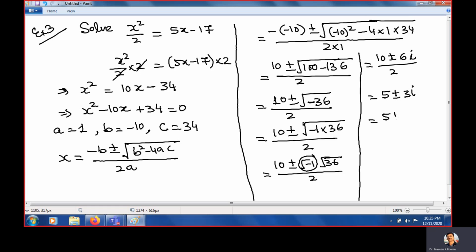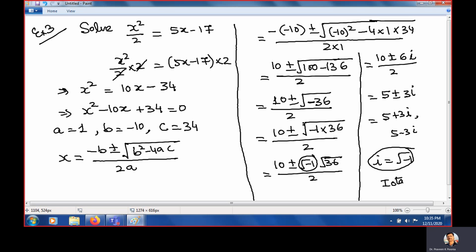So what is the answer? 5 plus 3 iota and 5 minus 3 iota. Please remember, iota equals to square root minus 1 and this is called iota. Clear? So this is the root.